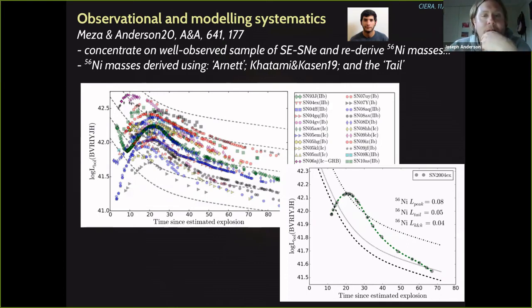And then when we had this sample, Nico went on to derive nickel 56 masses using this classic Arnett rule, and also using a new formalism, new analytic relations by Khatami and Kasen, which they claim gets around some of the problems with the assumptions in the Arnett rule. And also the tail luminosity. I said you can't use the tail luminosity, but you can still use it as a lower limit.